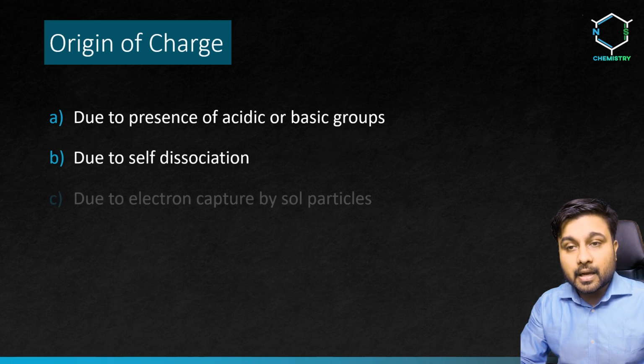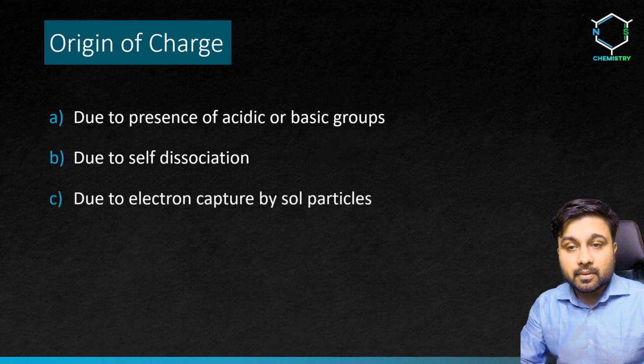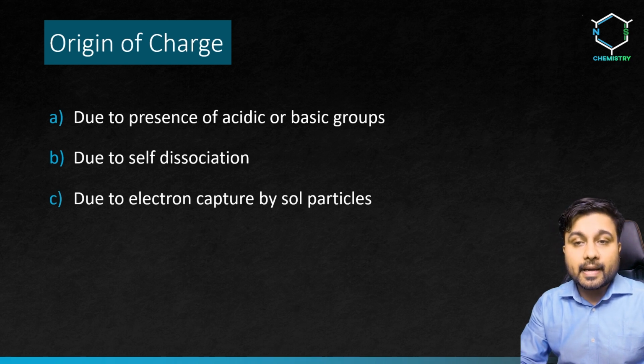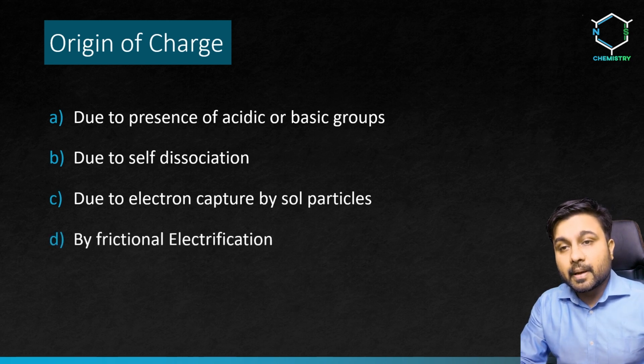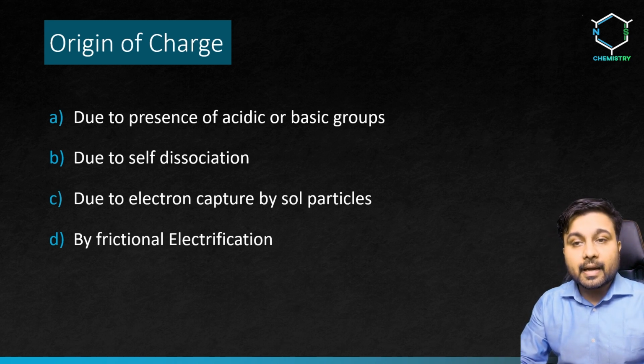They may also capture electrons from their surroundings somehow. They may also get charged due to frictional electrification. And the most important point here, particularly for lyophobic sols, is preferential adsorption of a common ion. That is what leads to charge. So one by one, let us talk about all of them.